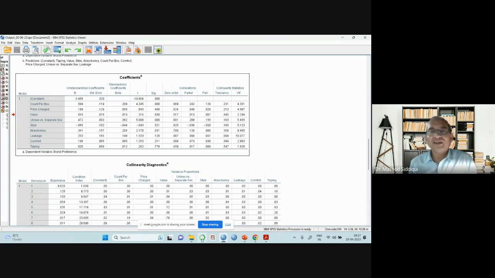So I am writing down this output on the whiteboard. Here we check what the significant predictors are.